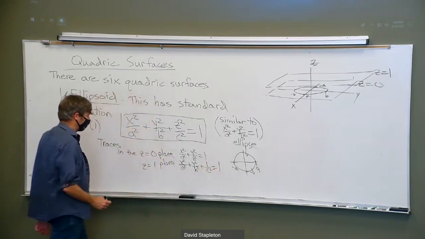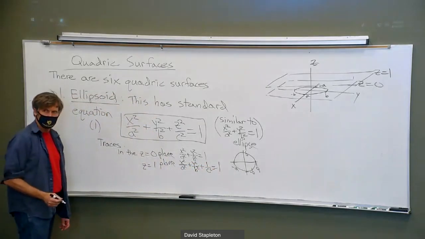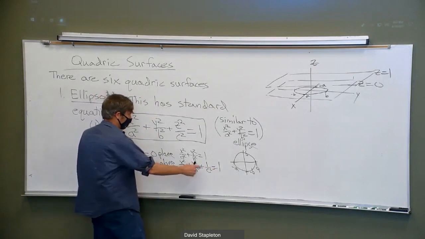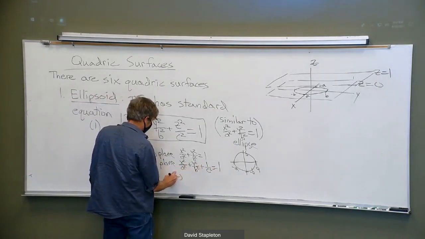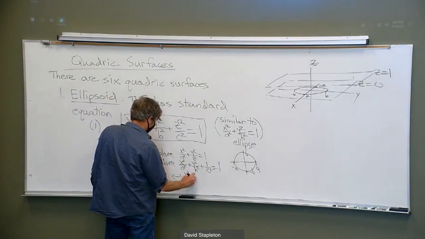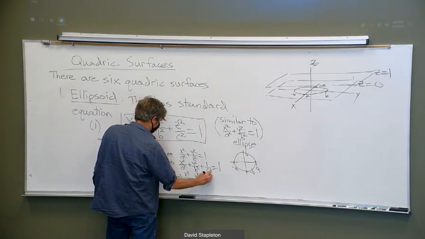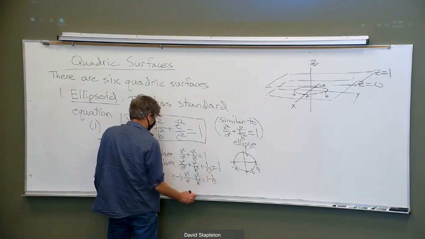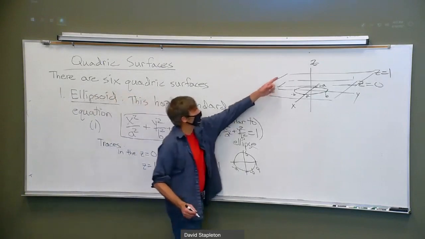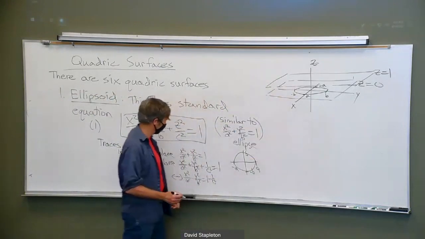Wonder what kind of curve that is. Right? It's actually pretty easy. What I do is I subtract 1 over c squared from each side. Get x squared over a squared plus y squared over b squared equals 1 minus 1 over c squared. And here's an xy plane curve within this trace z equals 1. Right?